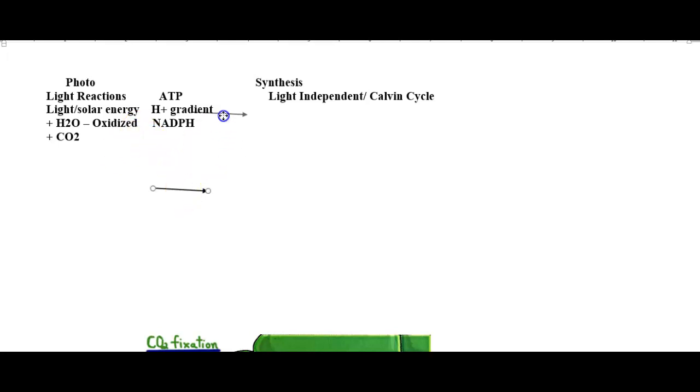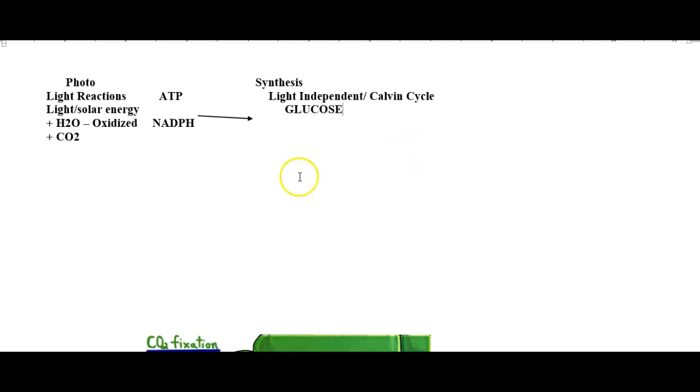Alright, now I'll put my arrow over here. That reaction is going to be using, let's get rid of the ATP gradient here now, the ATP, and it's going to be using NADPH, and it's going to go through the Calvin cycle, and it's going to use ATP, use NADPH, and it is going to be making glucose.